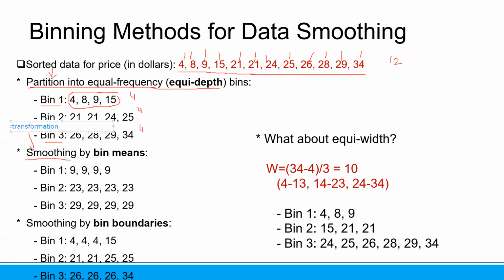How can we smooth this data based on the bin? First is the very simple smoothing by means, or the bin means. Here you can see what is the mean: 4 plus 8 plus 9 plus 15 divided by 4.